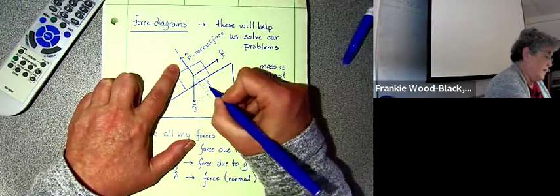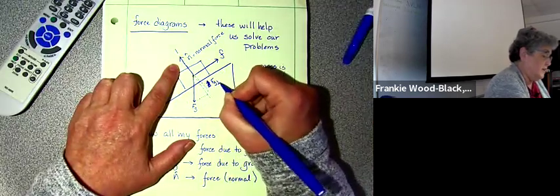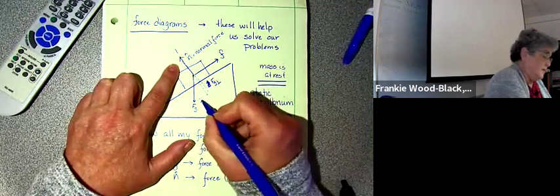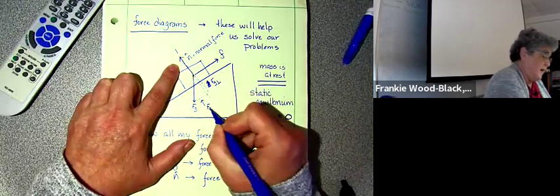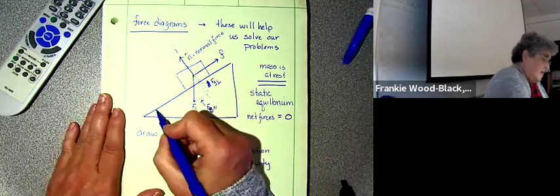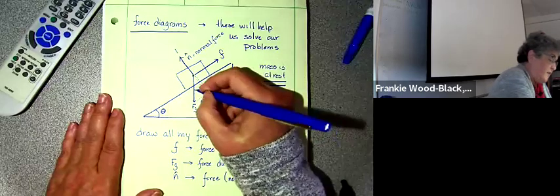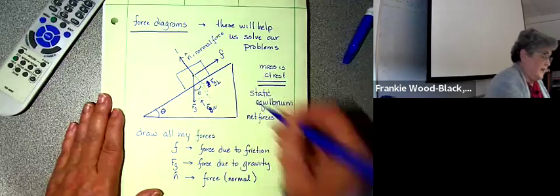This is going to be my force due to gravity perpendicular, and this one is going to be my force due to gravity parallel. You can go back to geometry and prove to yourself that these 2 angles are the same.